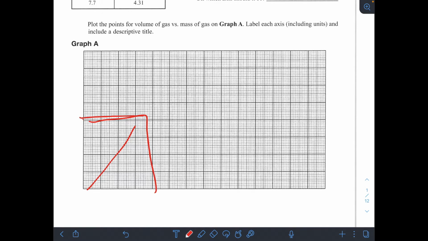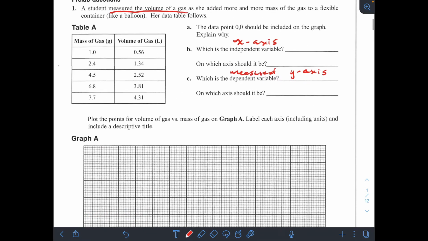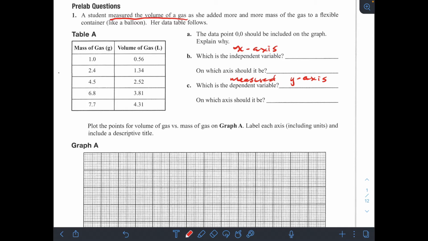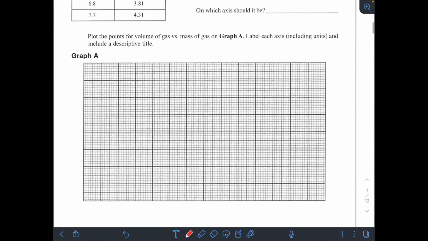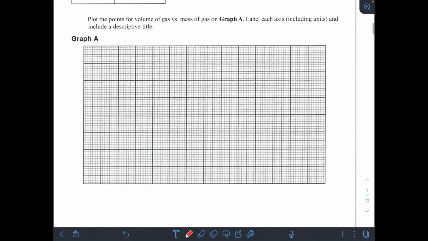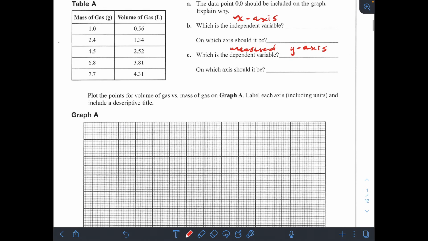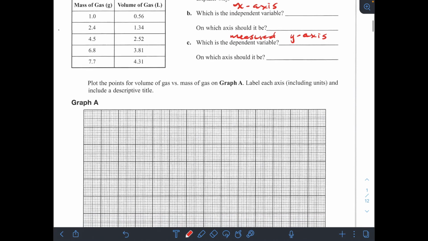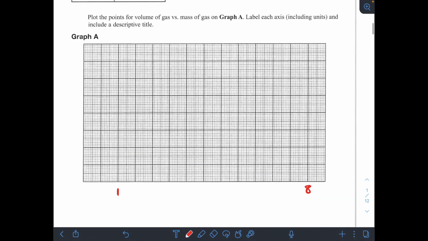Use the whole graph. So your x-axis is your mass, so it goes from 1 to 7.7. So what I would do is maybe put like 1 down here and put like 8 way out here and sort of space things out in between. And then your volume goes from 0.56 to 4.3.